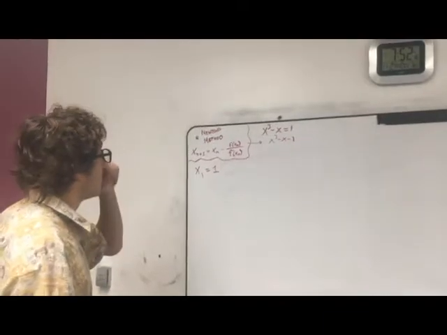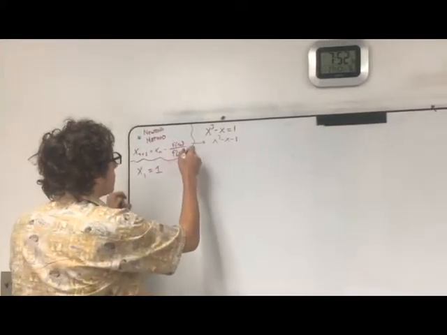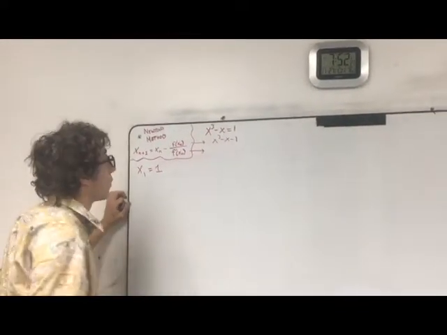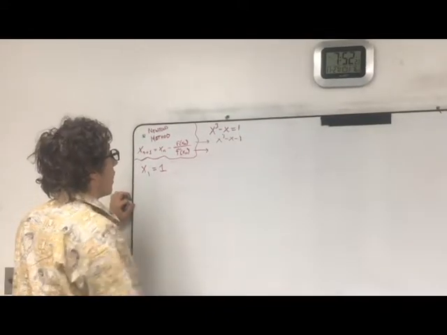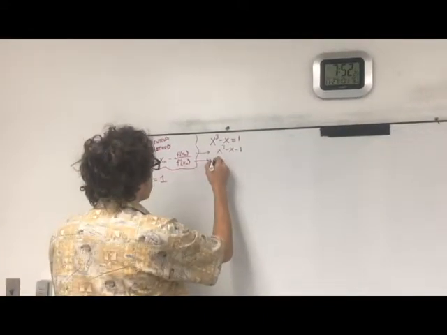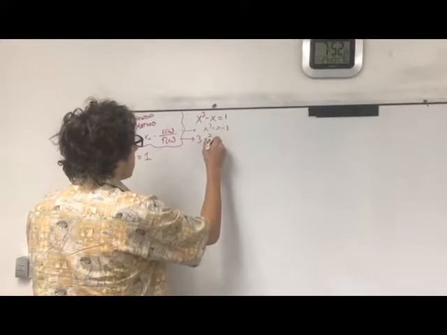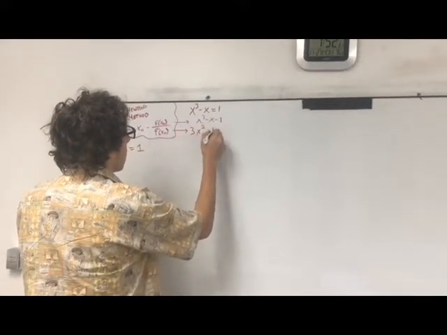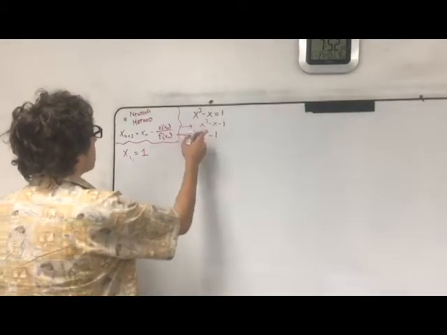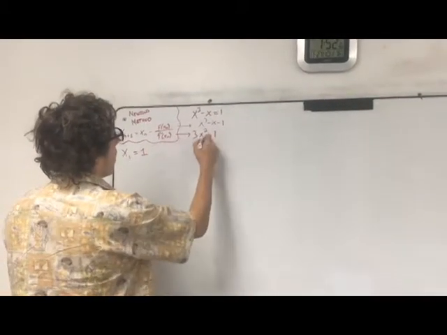But below, it's going to be a little different, because this is going to be the derivative of f of x n. And that's going to be 3x squared minus 1. Remember, these x's stand for x n.